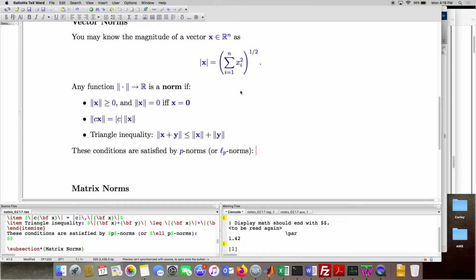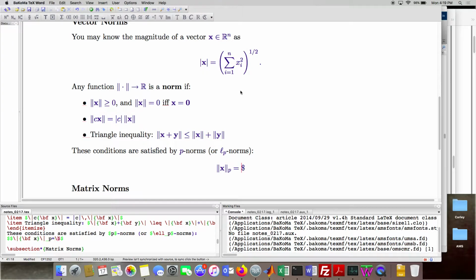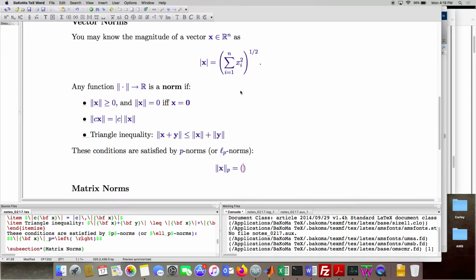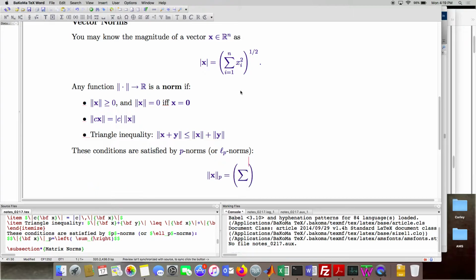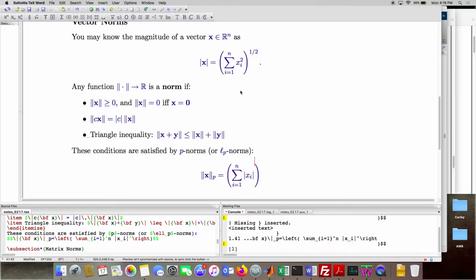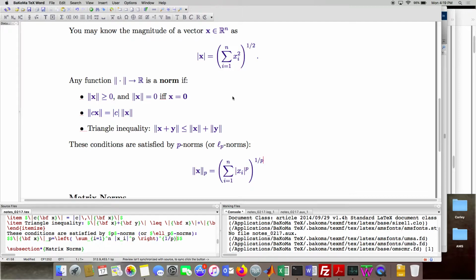So the p norm of a vector is equal to, we take the sum of the absolute value of the components raised to the p power, sum them all up, and then we raise that to the 1 over p power. So in that sense, the notion of magnitude that you're used to, that's just the 2 norm. But we can define this with all different kinds of p.